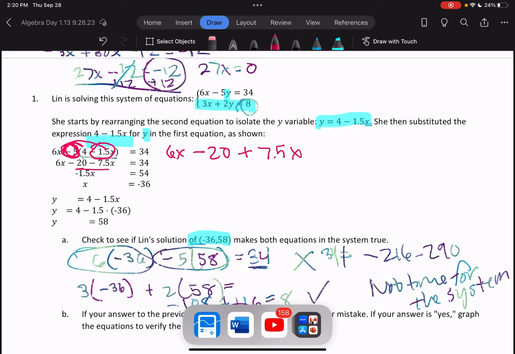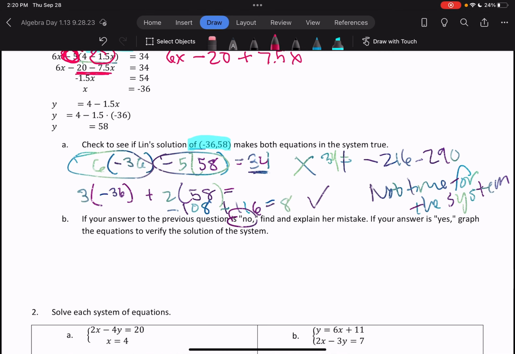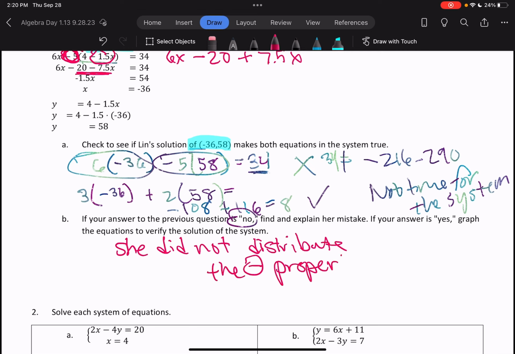Ooh, notice that when she wrote it, she wrote this as a negative. So automatically I can see right here where her mistake was. She did not distribute the negative properly. And that's really important.